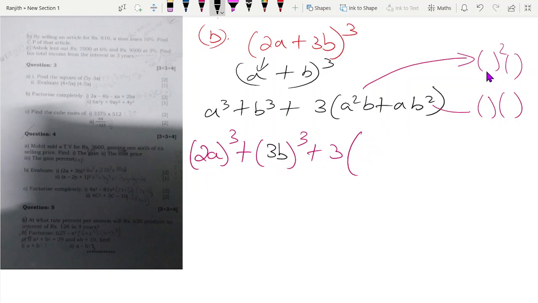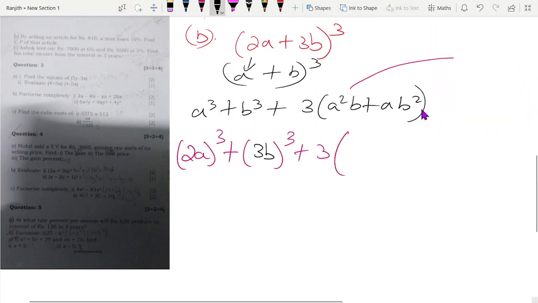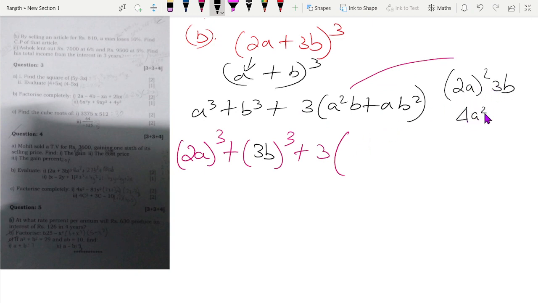Okay, next A square B. What do you get for A square B? A is 2a square and B is 3b. What do you get for this? 4a square into 3b. So 12a square b.